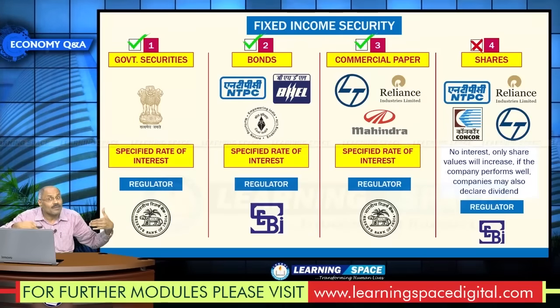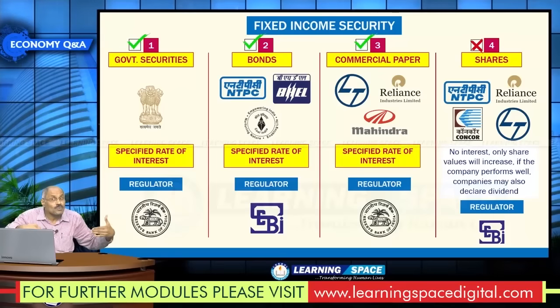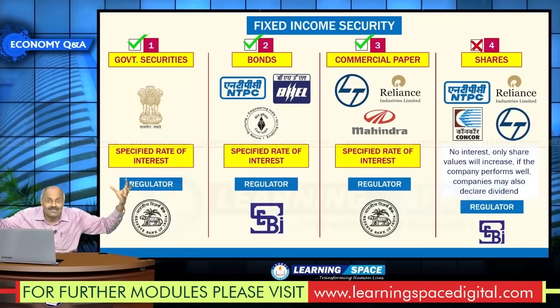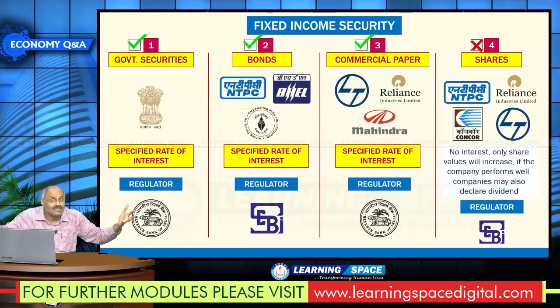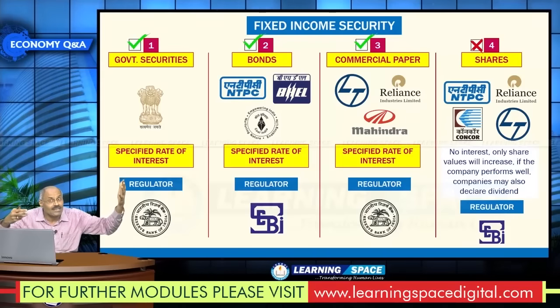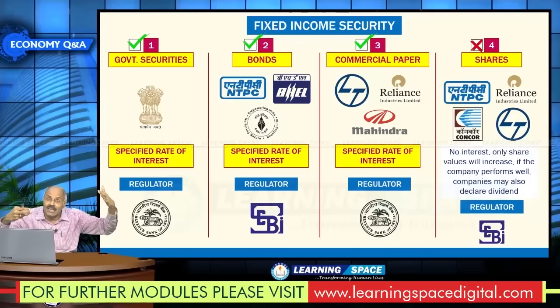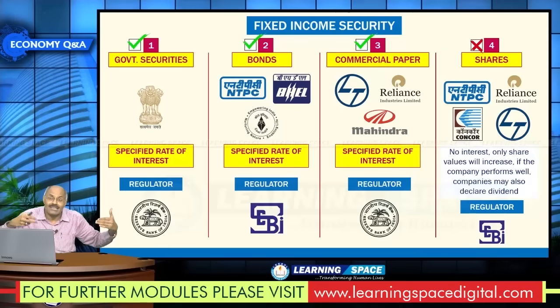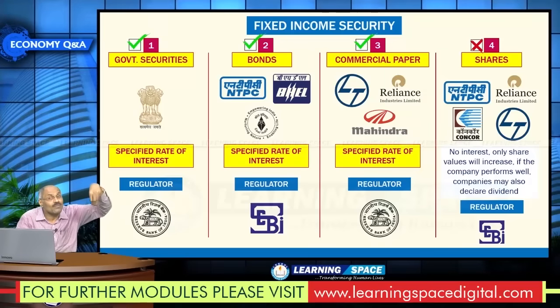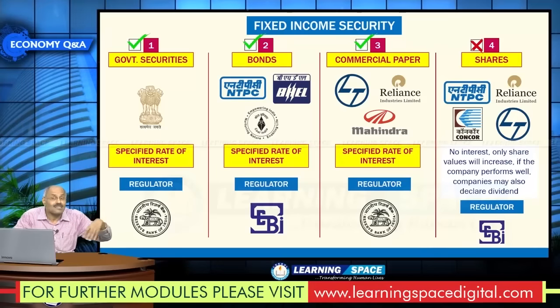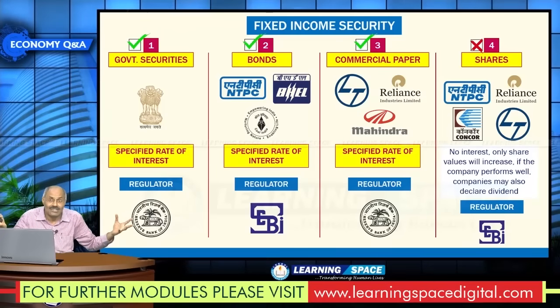Then commercial paper. Commercial paper is issued by top rated companies. Then they will have a fixed rate of interest. And please don't forget, the maximum time period for commercial paper is not more than 1 year. So these three are the securities which have a fixed rate of interest. And shares, there is no question of any interest in shares.